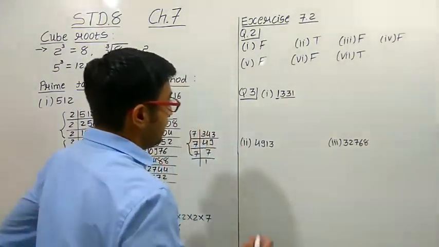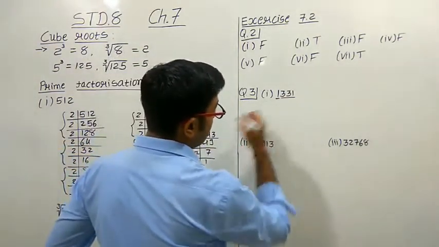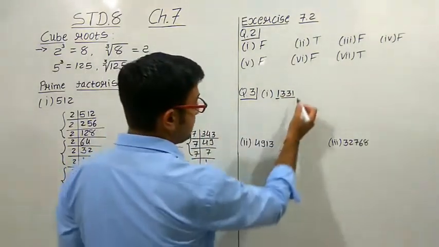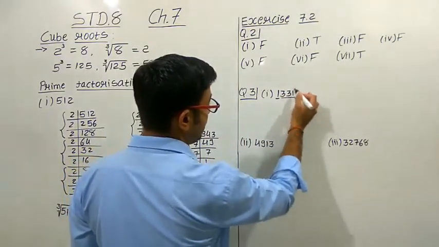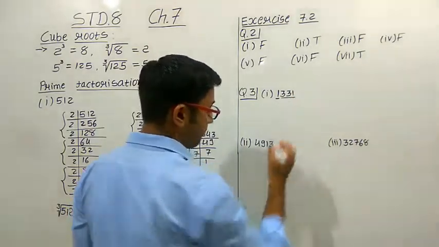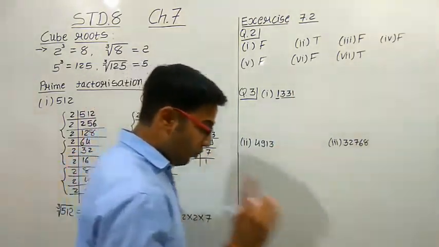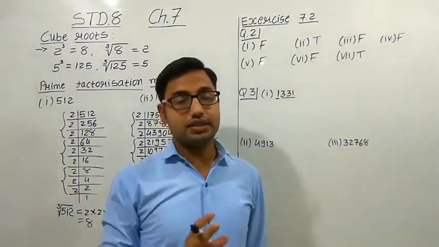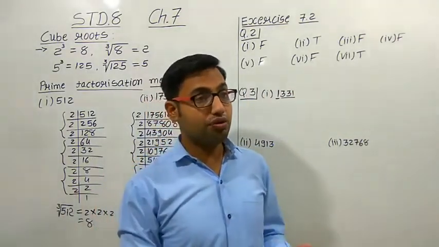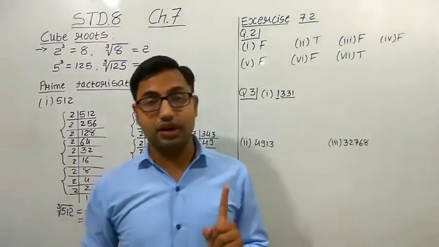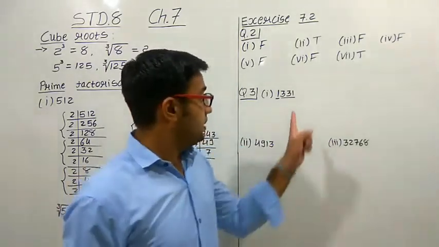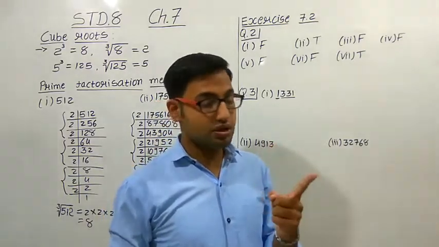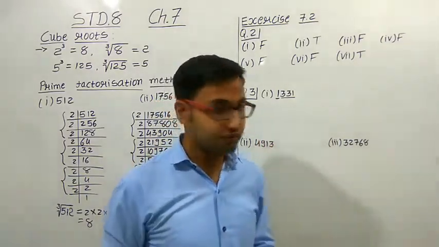Now see this group 331 and notice its unit place digit. The unit place digit is 1. Now you have to think which number, when cubed, gives the unit digit 1? There is only one possible digit, and that is 1, because the cube of 1 is 1.